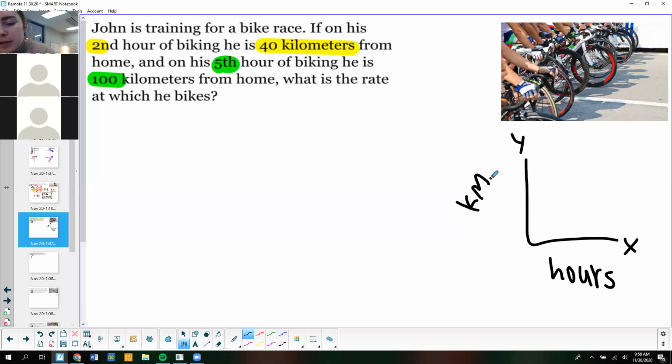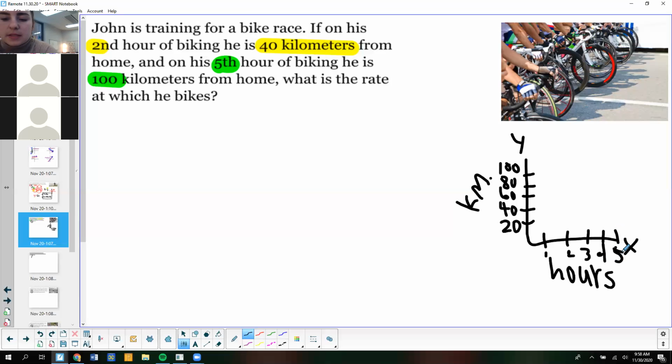So if we've got 1, 2, in his 2nd hour of biking, let's say we've got 20 kilometers, 40 kilometers, 60, 80, 100. And then down here, we've got 1, 2, 3, 4, 5.